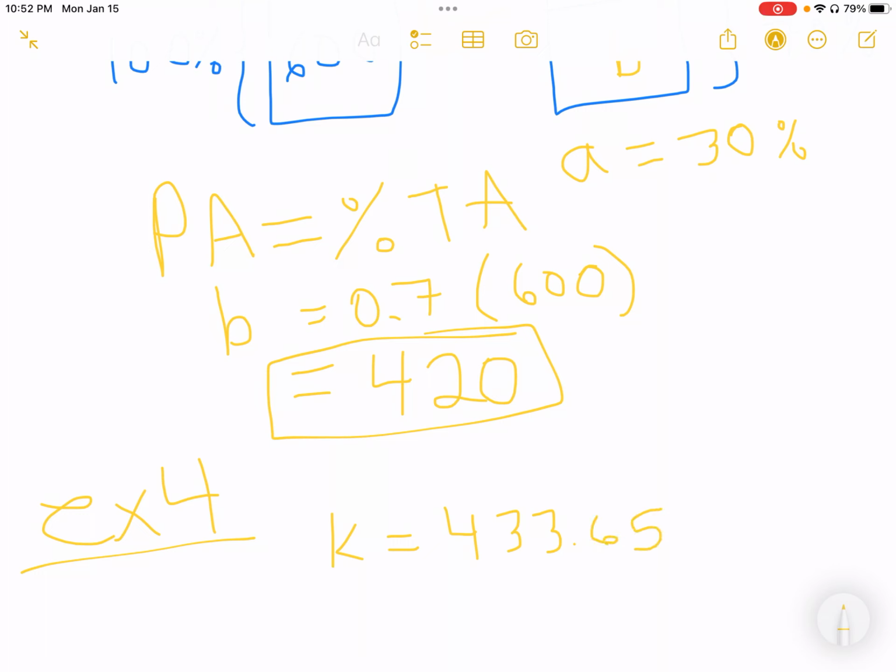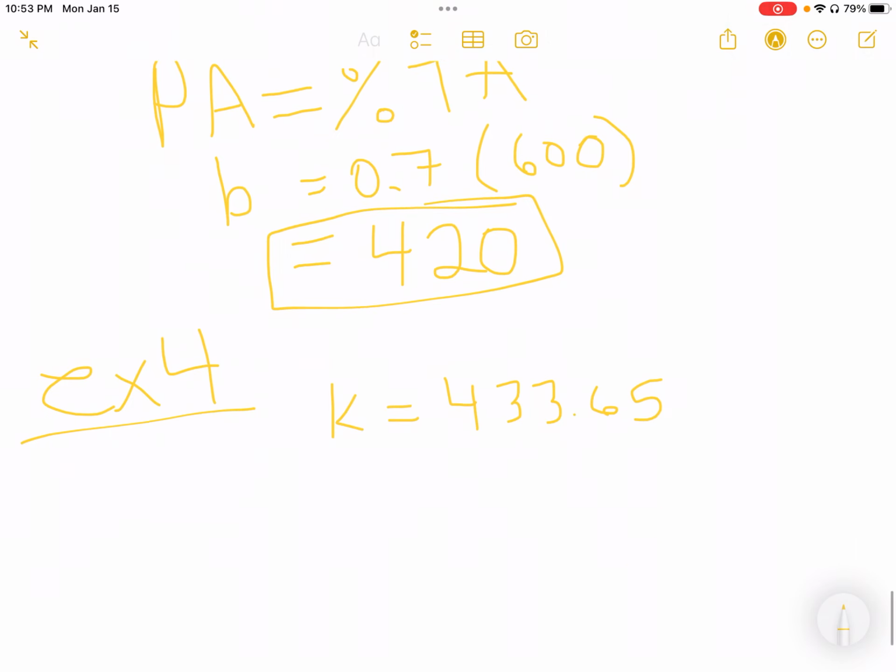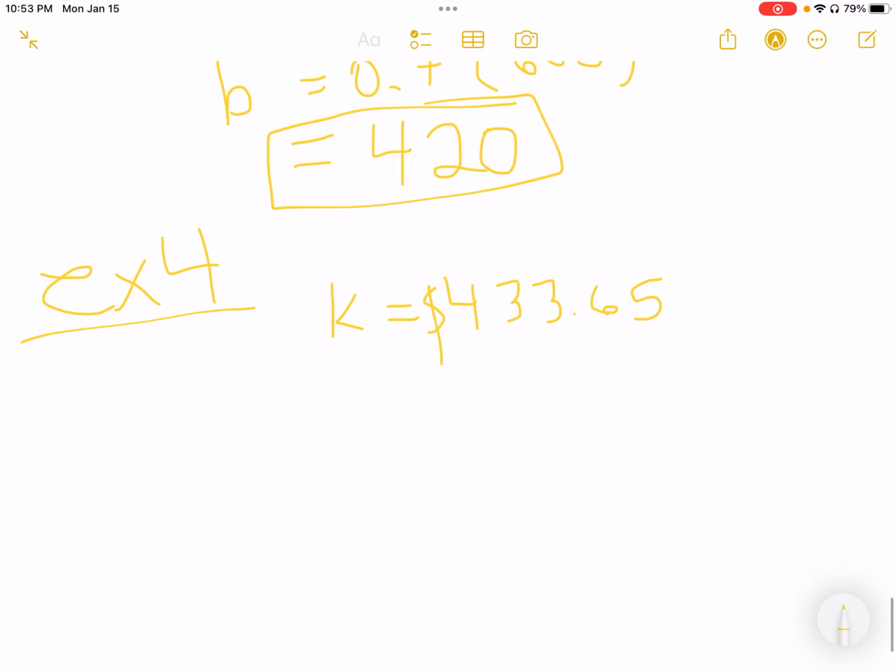And then if I want to sketch this out, so this is dollars. This whole thing, this original price, could be sketched as 100%.